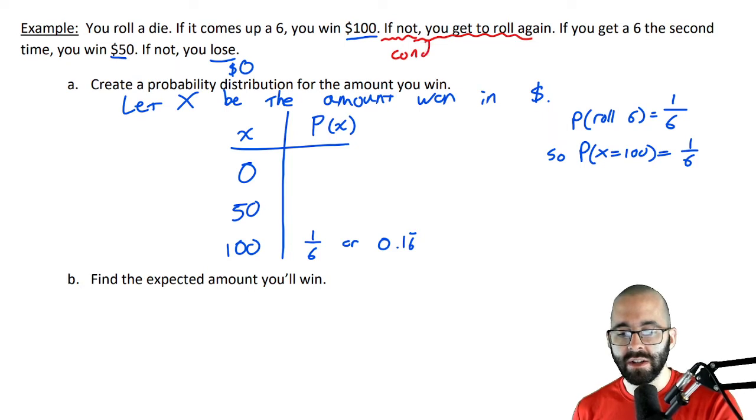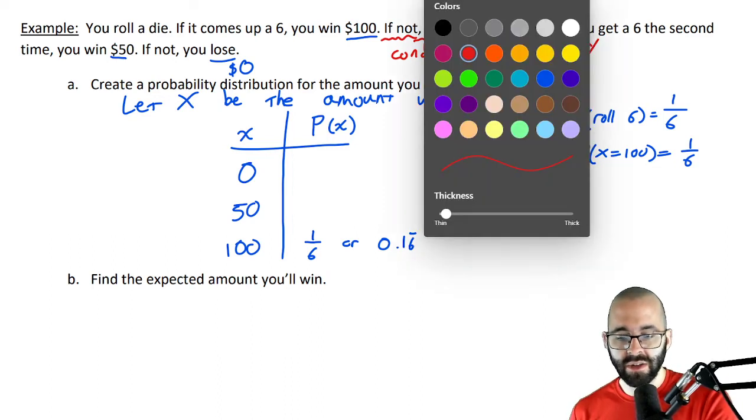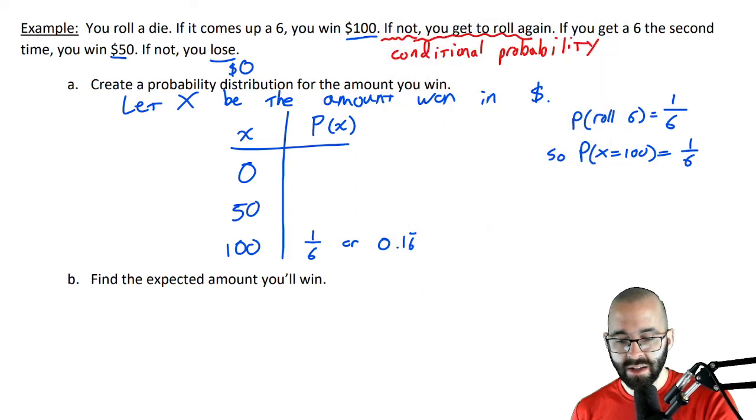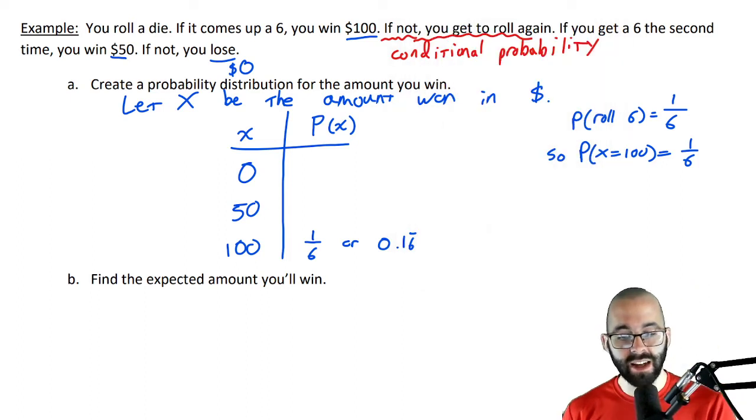This has to do with conditional probability. It says that if this doesn't happen, then we roll again. And so this is where things get a little interesting. So next, we have to roll a 6 a second time.